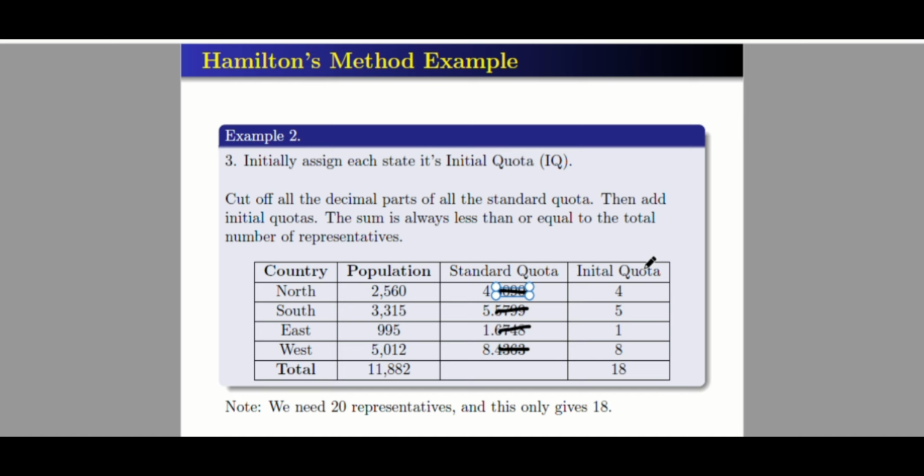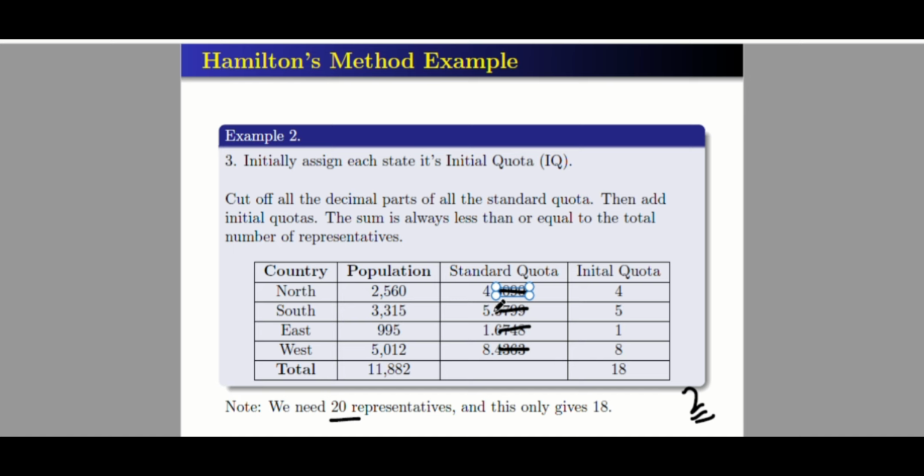So we have 4, 5, 1, and 8. So our initial quota is 18, and we need 20 representatives. So we missed 2, and we must distribute these seats. So we will proceed with step number 4.